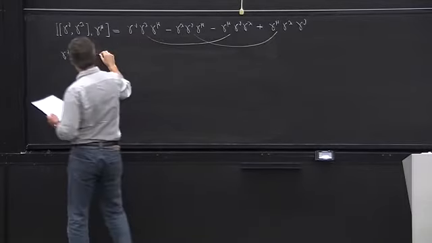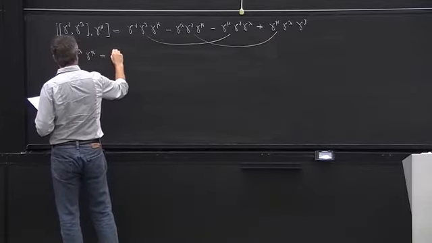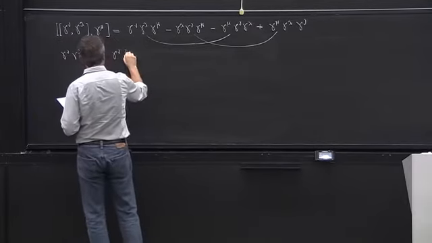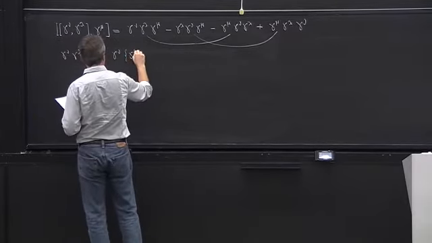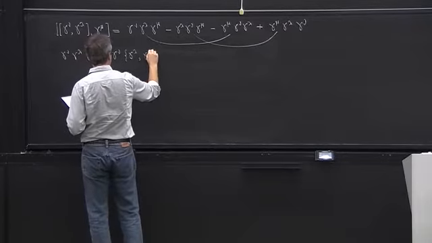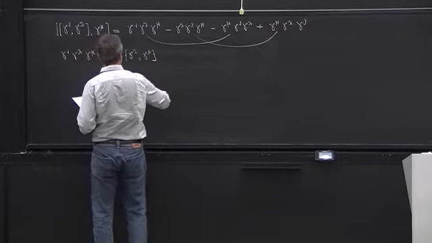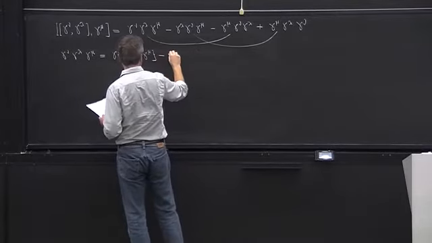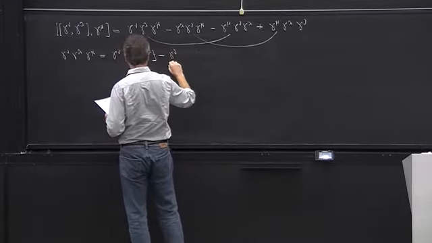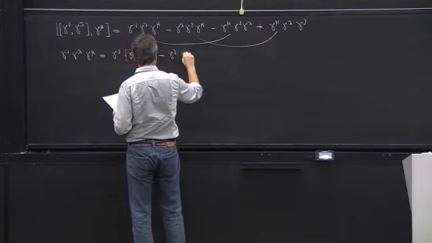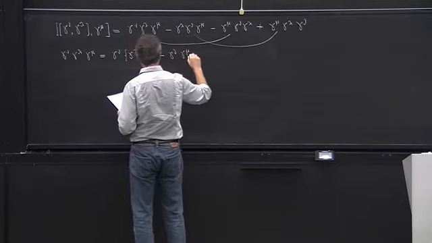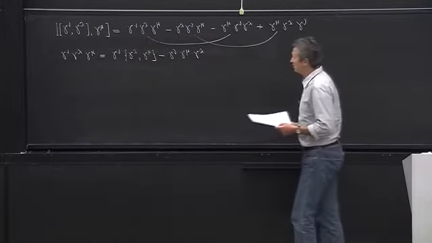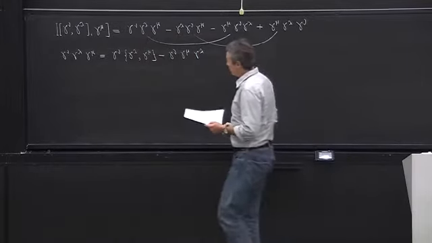So for instance, here we can write this as gamma nu, and then replace a product by an anti-commutator, gamma lambda, gamma mu. But of course, an anti-commutator has two entries in it, and so we should subtract the one that doesn't appear on the left-hand side.